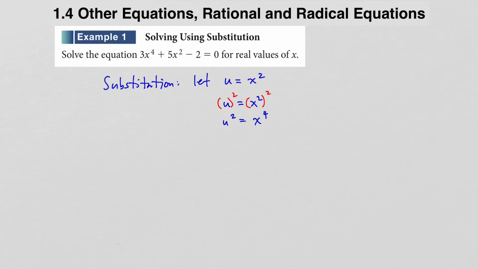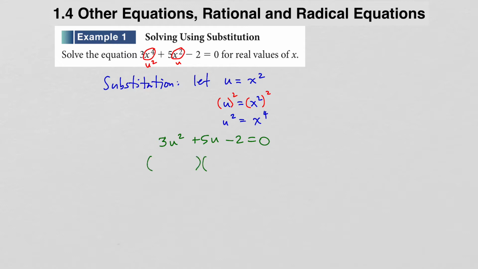So that means that I can replace x to the fourth with u squared, and I can replace x squared with u. So this equation becomes 3u squared plus 5u minus 2 equals 0. So basically what we've done here is we have changed this into a quadratic equation by making a substitution.